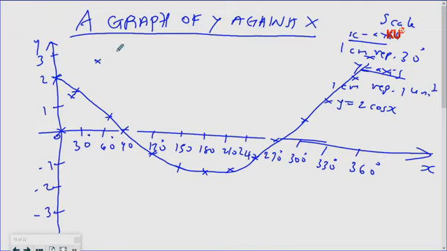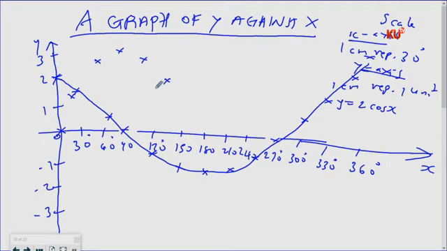90, learner. Yes, very good. 90, we have 3. This is 120. Yes, 120. 2.6 should be somewhere there. 150. 1.5. That was 150.